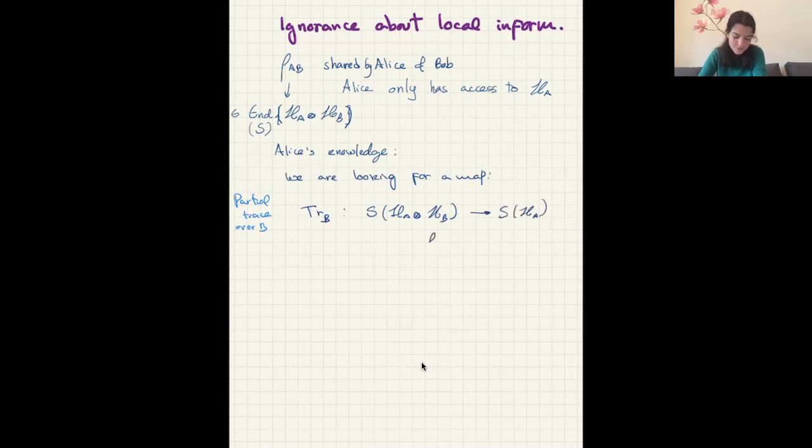So it should map from rho AB to some representation of Alice's knowledge. She only knows what she has in her subsystem. So what properties should it satisfy? It should satisfy the following.